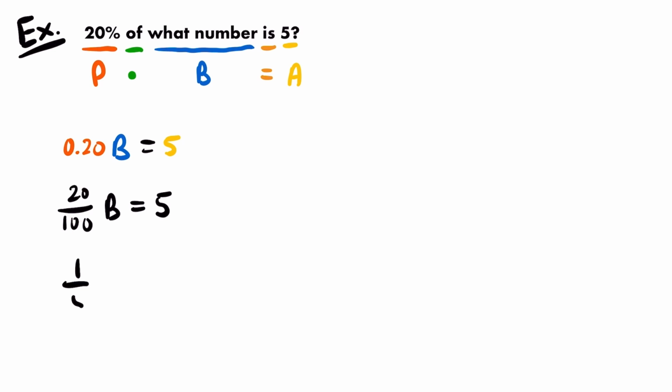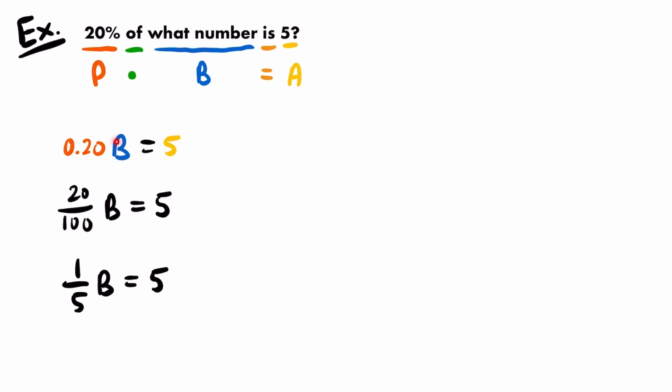So you get 1/5 B is equal to 5. If you're pretty familiar with decimals and fractions, you may have it memorized that 0.2 is 1/5 as a fraction. But just in case you were not, I wanted you to see where that fraction of 1/5 comes from. But now that we've done that, this equation becomes pretty easy to solve.